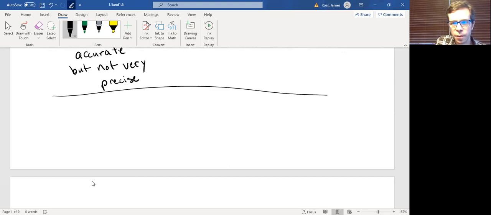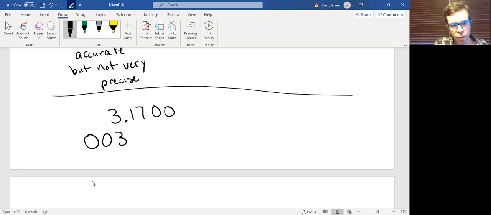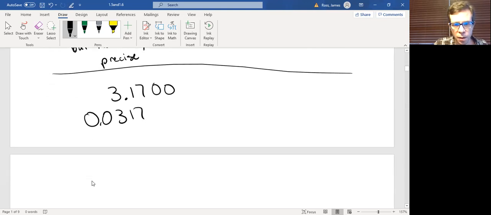I want to talk about significant figures. We just introduced this idea talking about precision, about the number of digits you have and what you can count on. So when we talk about significant figures, if I have 3.1700, let's pick out some more numbers. Let's say we have 0.0317, and we have 0.001.